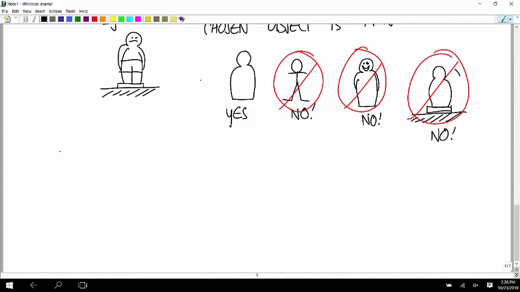So that's the first step. And then the second step is draw a downward arrow from the center of the object.